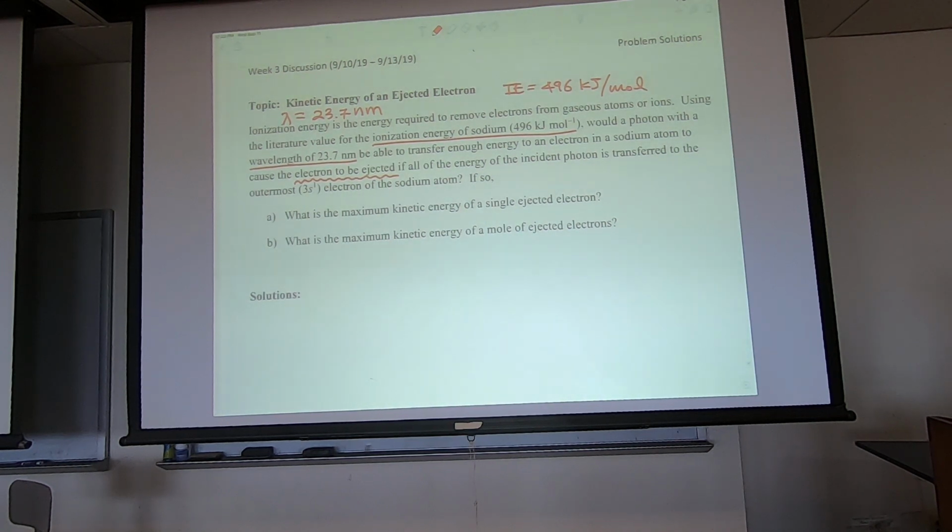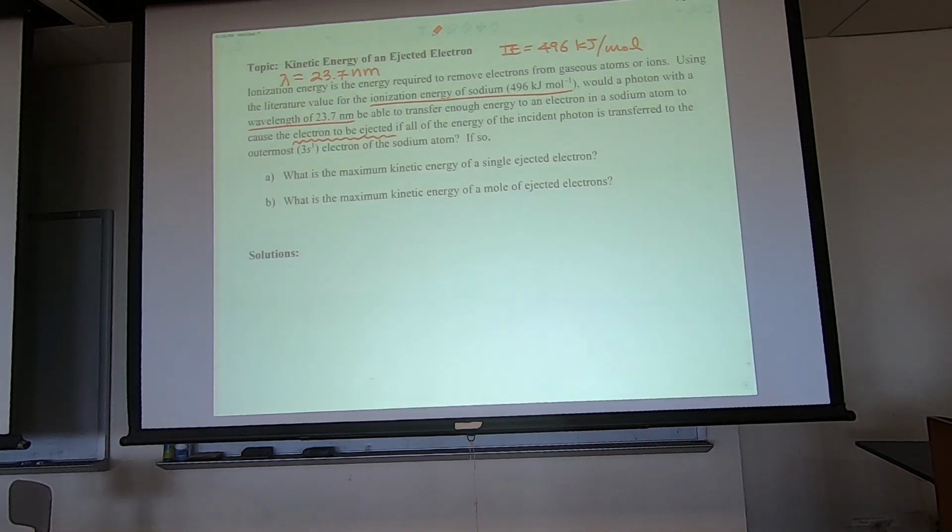Another thing to refresh your memory is that they are talking about kinetic energy. Okay, I got that. But a single ejected electron versus moles of ejected electrons: this is the concept of energy per one electron versus energy per mole of electrons. And you remember Avogadro's number, 6.022 times 10 to the 23.